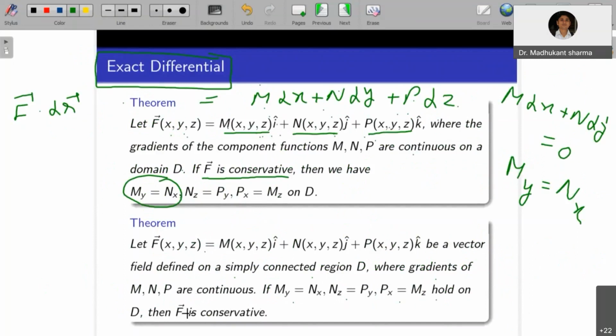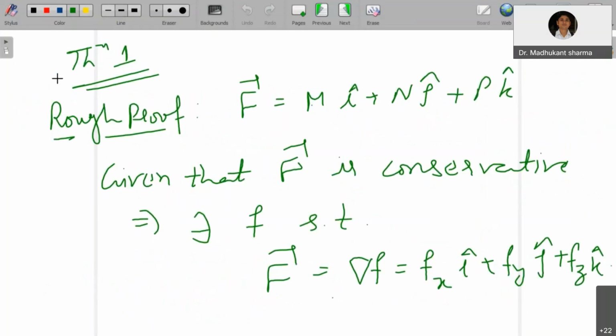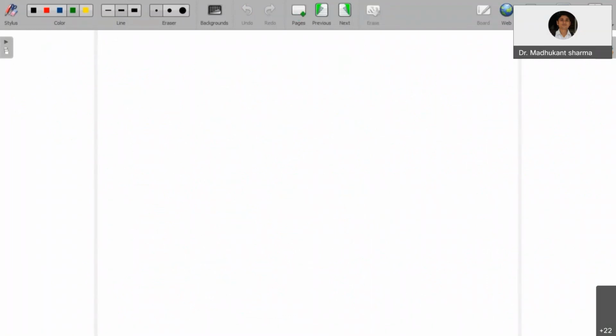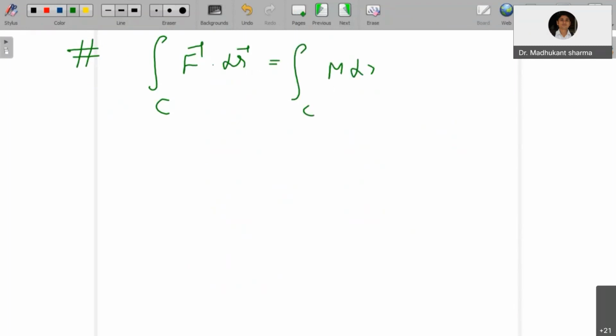Okay, so conservative means you will have the following. So now, suppose I'm just giving you the gist of the result. Okay, you have integral C F dot dr, and that is, let's say, M dx plus N dy plus P dz.